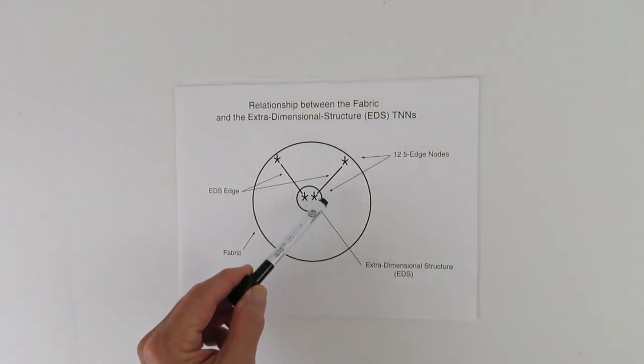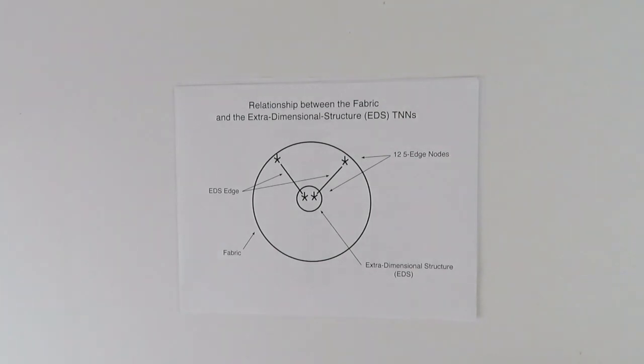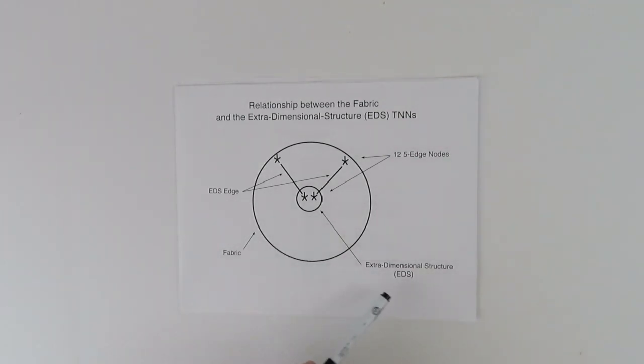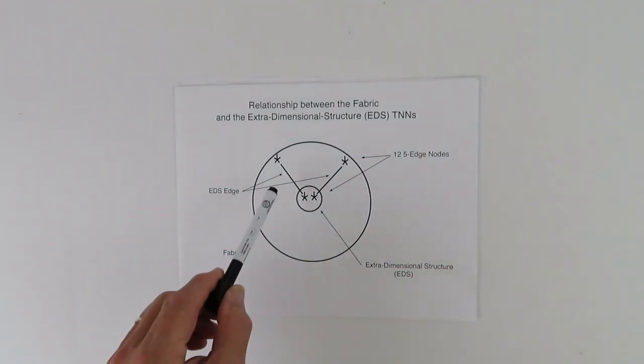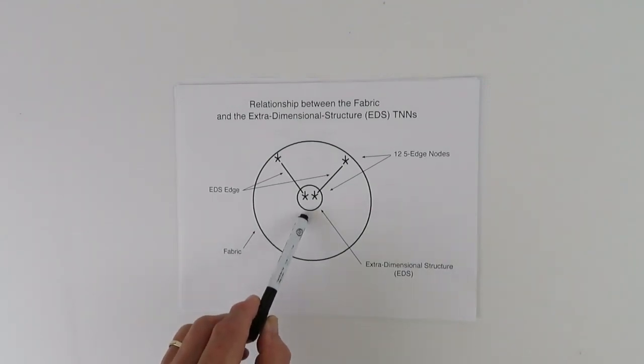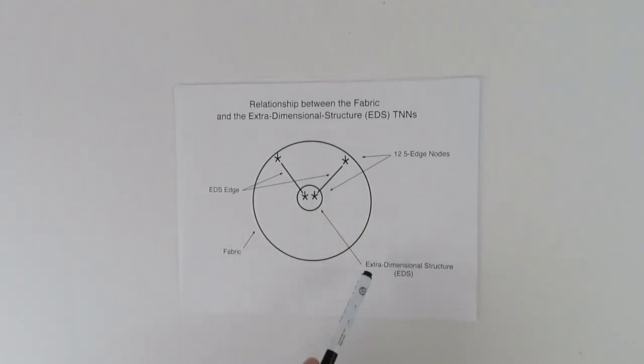And so what we can do is put a structure of 12 5-edge nodes in the center. So this is the EDS structure as opposed to EDS structure edge. So what we have now are 2 triangular neighborhood networks, the fabric, so-called, and the EDS, so-called. EDS, the extra dimensional structure.